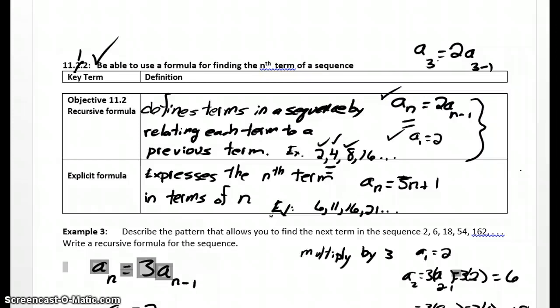So that if n is 1, I will have 5 times 1 plus 1, which is 6. If n is 2 for my second term, I'll take 5 times 2 plus 1, and that's 11, and so forth. And that's the explicit formula. So we're going to be working on both of these formulas in the next couple examples.